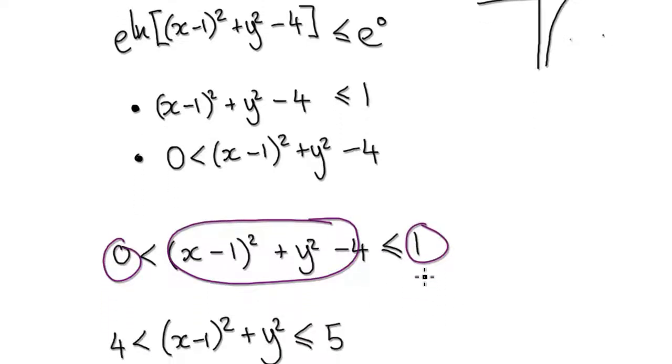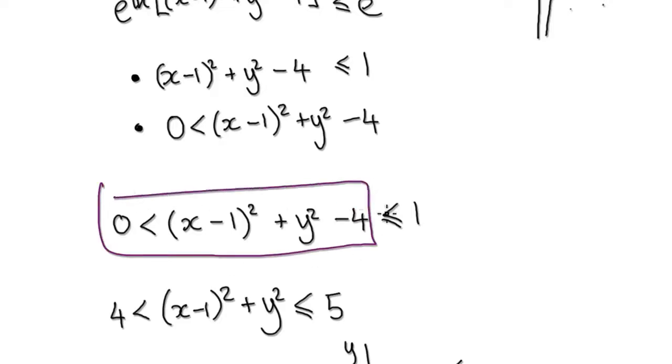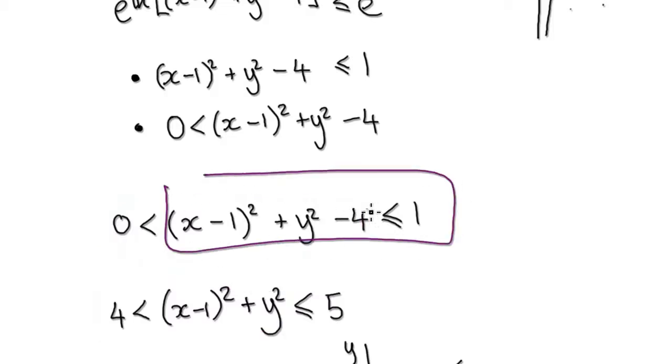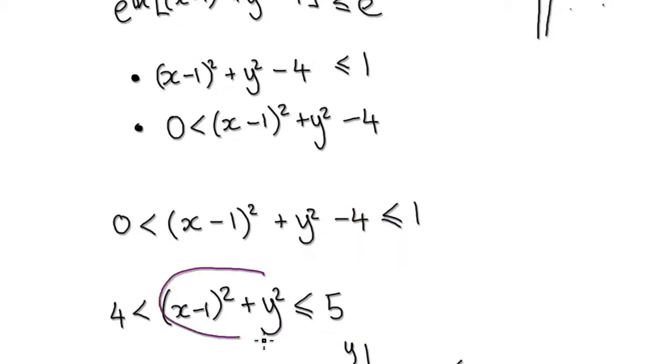So now add 4. So looking at this, add 4 to over here. That will then give us this. And then now looking at this, add 4. That will then give us this. So we require a circle to be bigger than a radius of 2 and smaller than the radius of root 5.